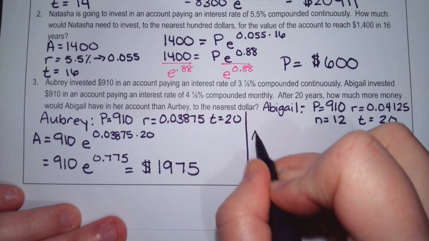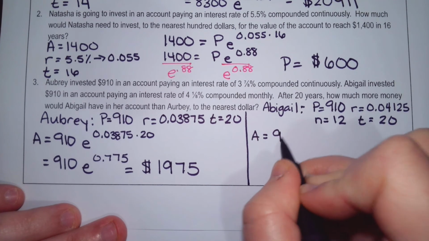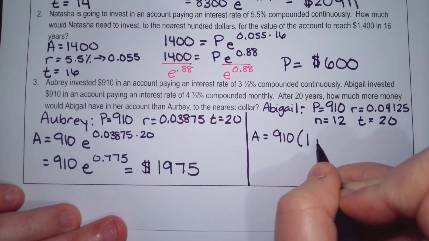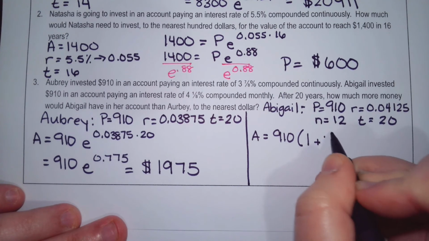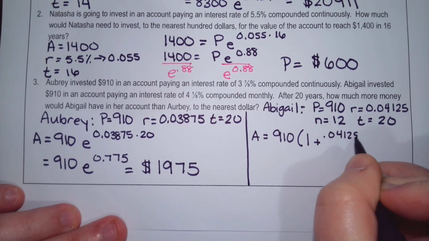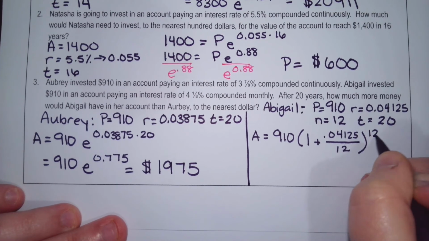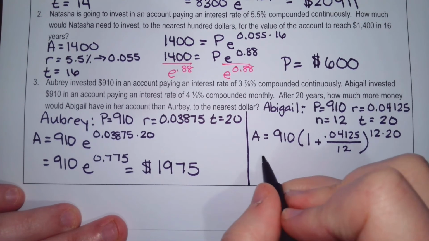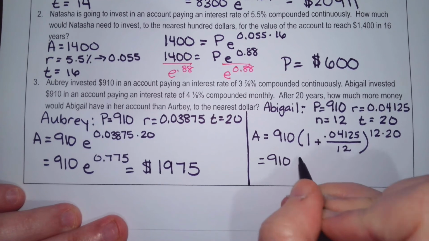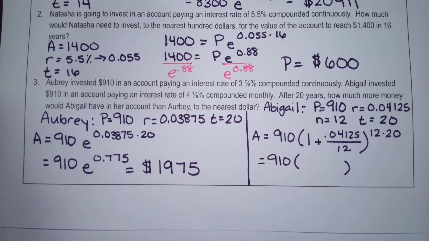Now it's time for Abigail, just doing compound interest. So we have A is equal to 910 times 1 plus 0.04125 all over 12, to the 12 times 20. So let's simplify this.